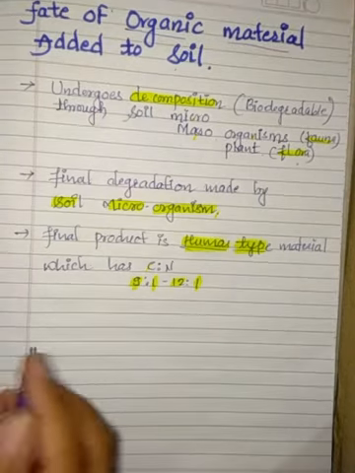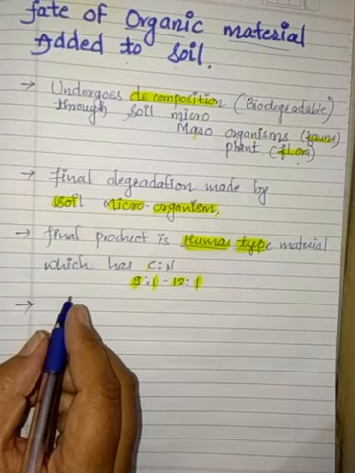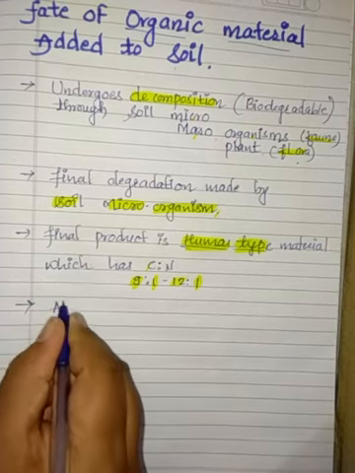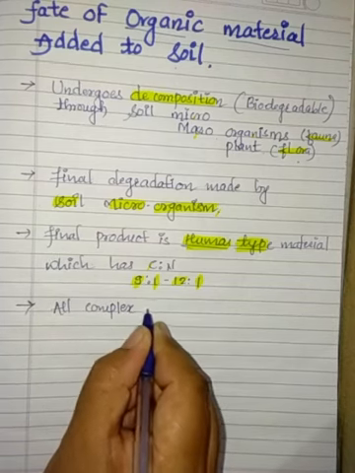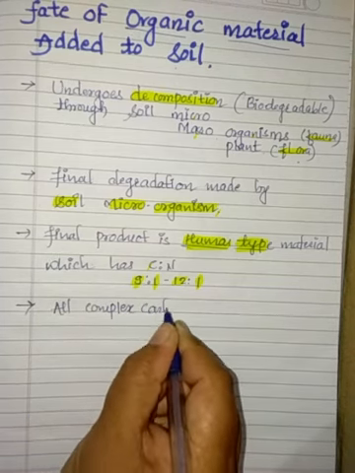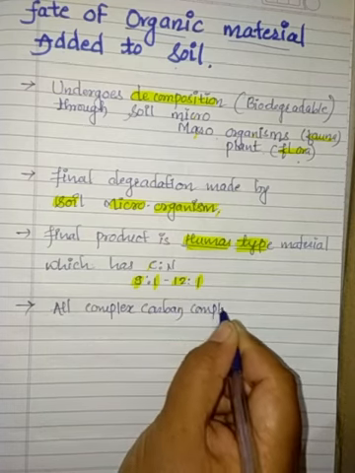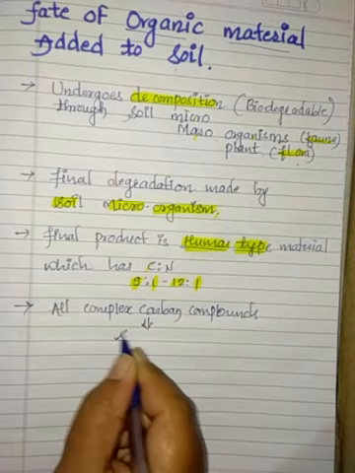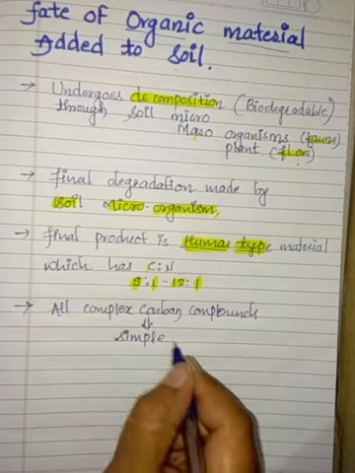And lastly, in final degradation, all complex carbon compounds get converted into simple compounds.